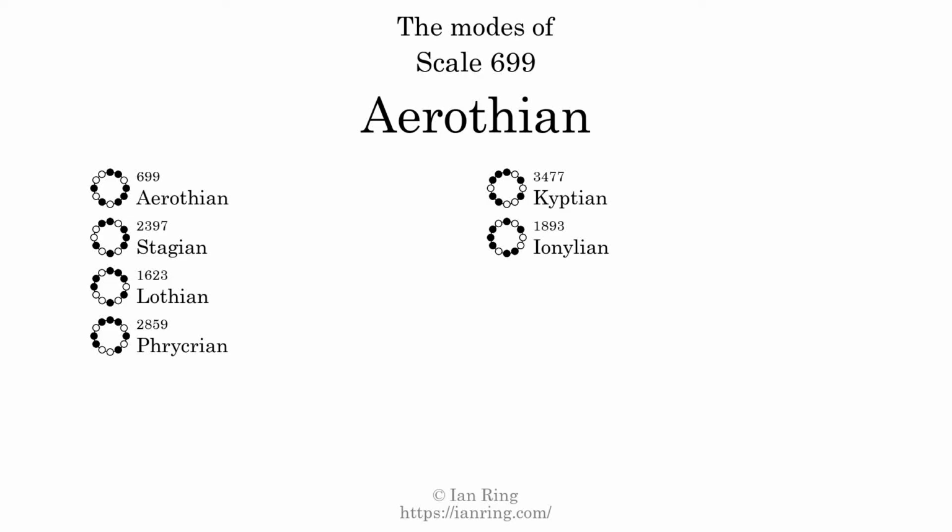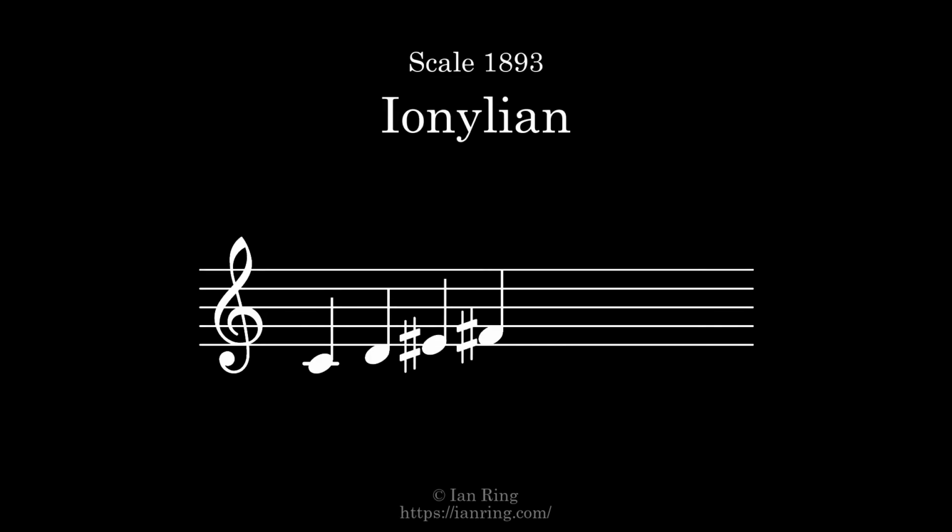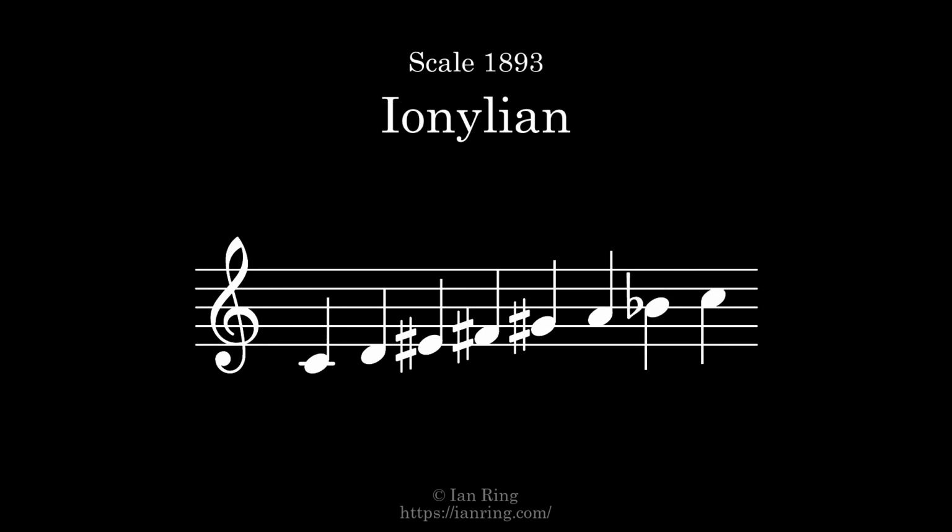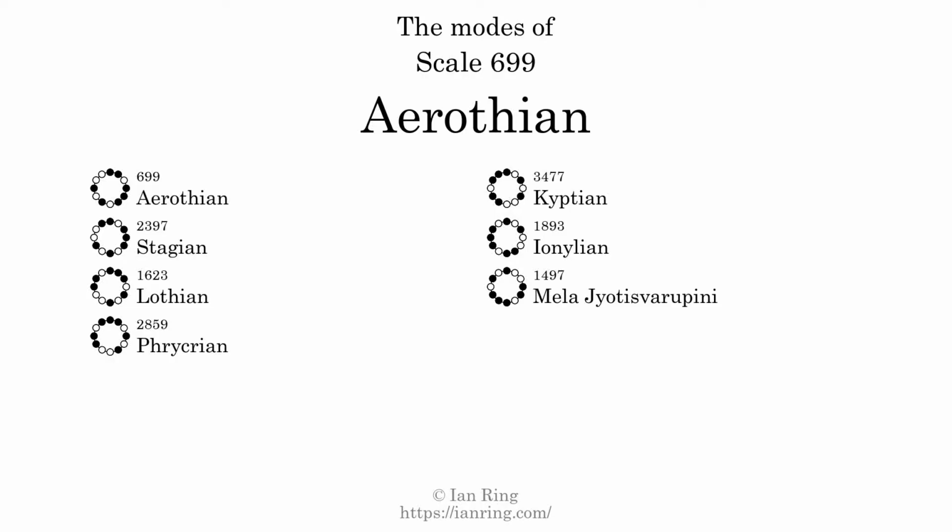The sixth mode is scale 1893, also known as Ionian. It sounds like this. The seventh and last mode is scale 1497, also known as Melodiatus Varupini. It sounds like this.